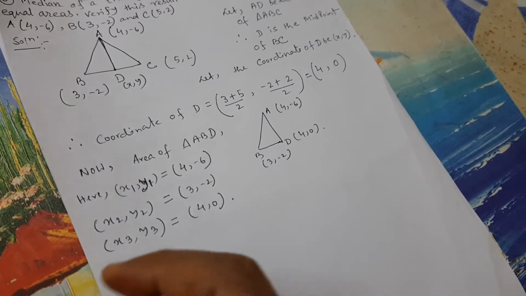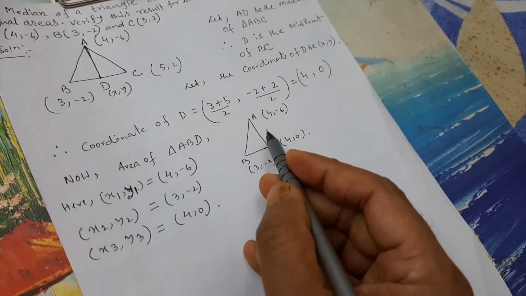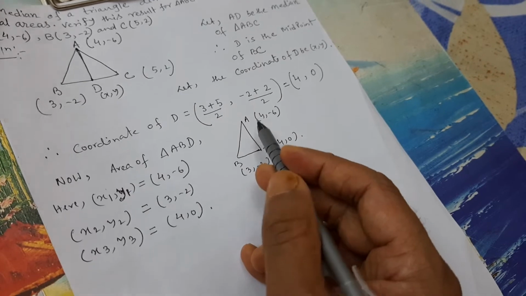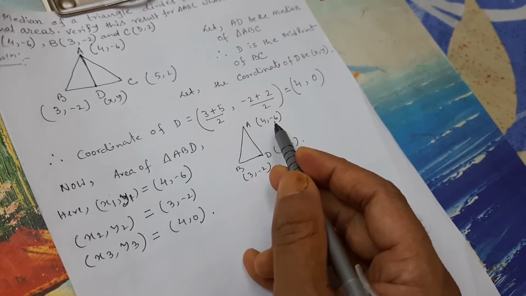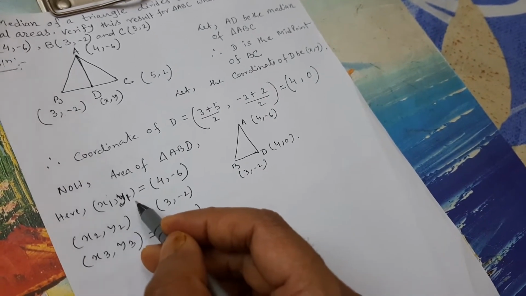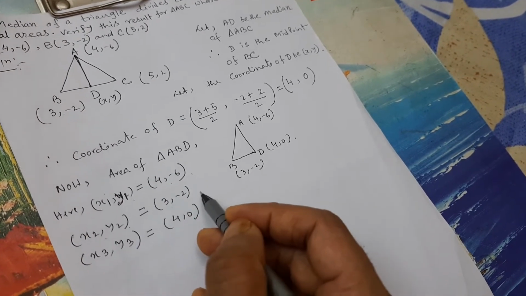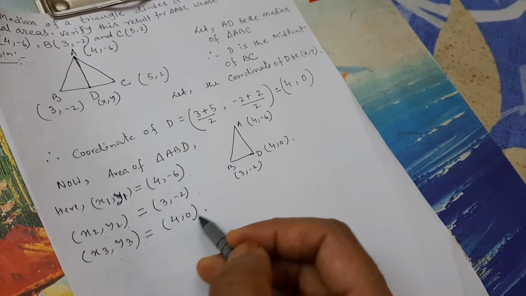Okay, once more. We have to find the area of triangle ABD. So x1, y1 equal to (4, -6), x2, y2 is (3, -2), and x3, y3 is (4, 0).